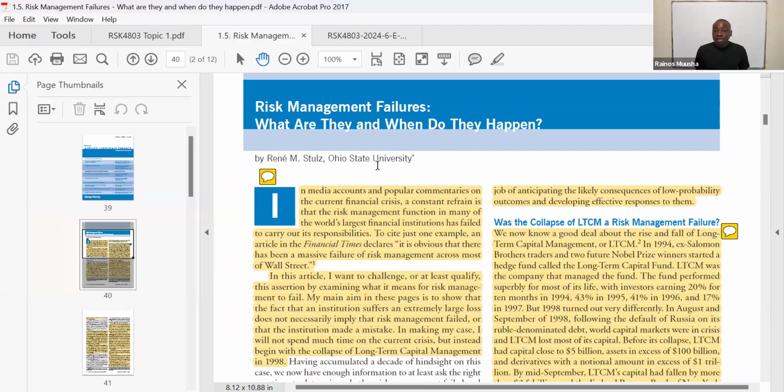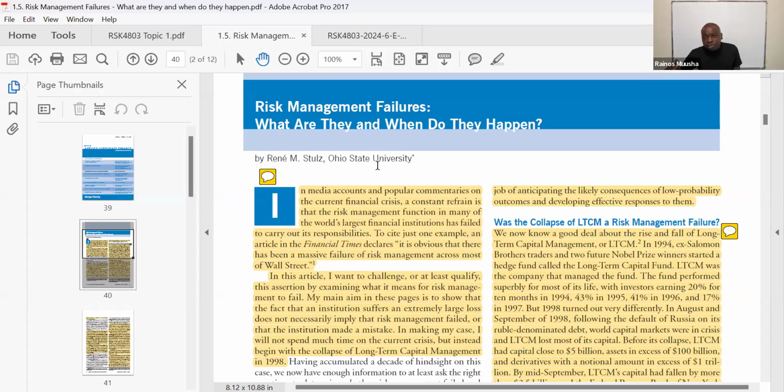In introducing us to this particular case study, please note, knowing exactly what happened with LTCM is not of much importance to us. Yes, from identifying risk management failure, we can take note of that.